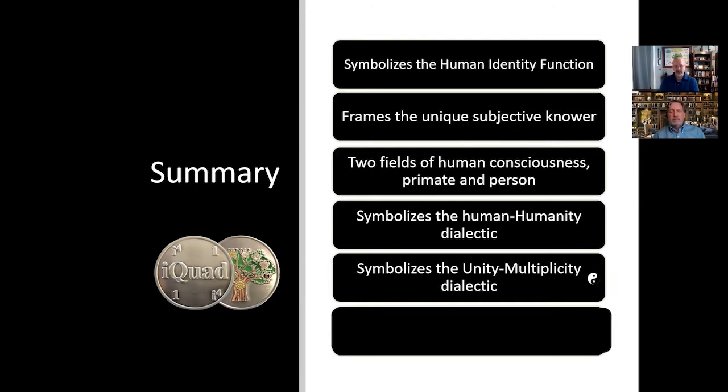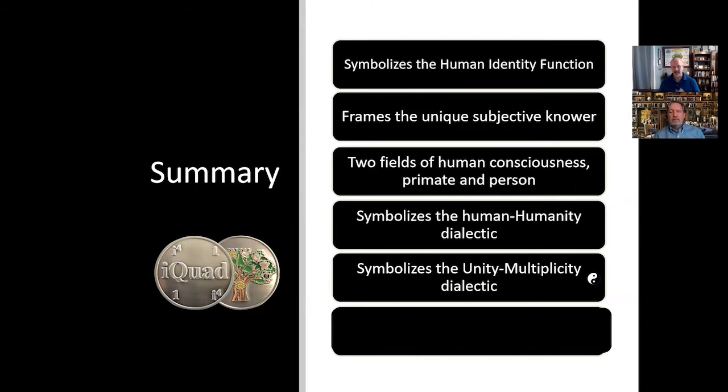The other clear philosophical element that this captures: whereas the H is in the H of the shape of the iQuad, this is in the I to the fourth relation. It symbolizes a foundational dialectic in philosophy around questions about oneness and multiplicity, unity, diversity, integrated pluralism, if we use a general way of framing a meta-modern sensibility, that dialectic.